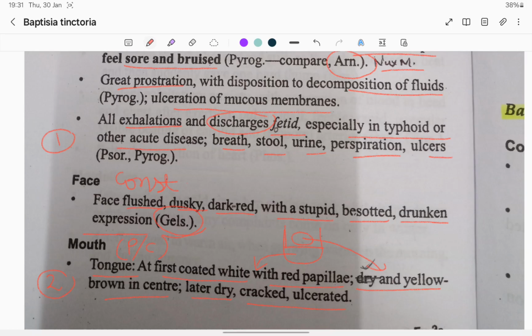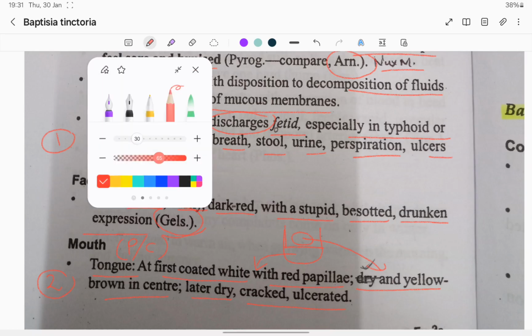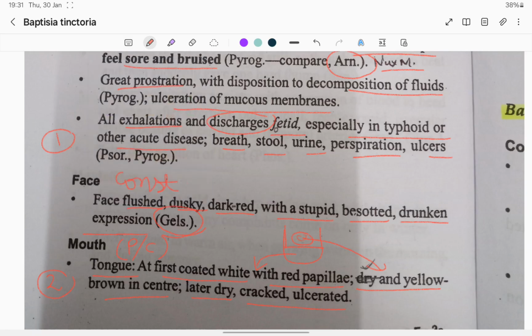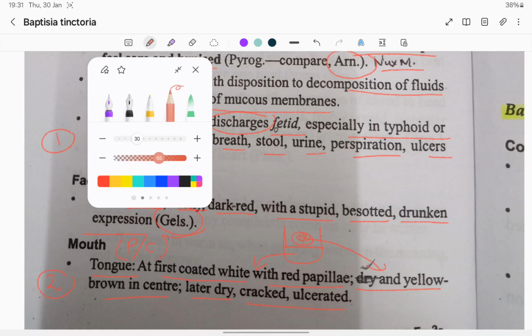I am adding color here. I am not getting a brown color, so that you can remember it easily, I am using this, which looks like red.